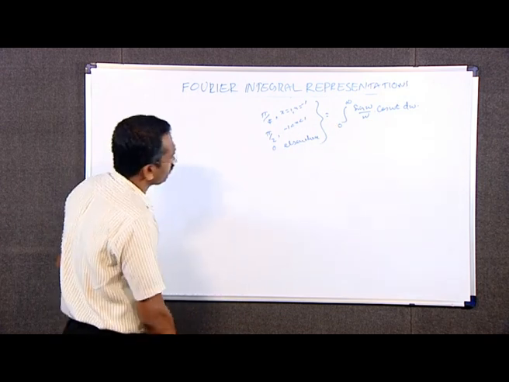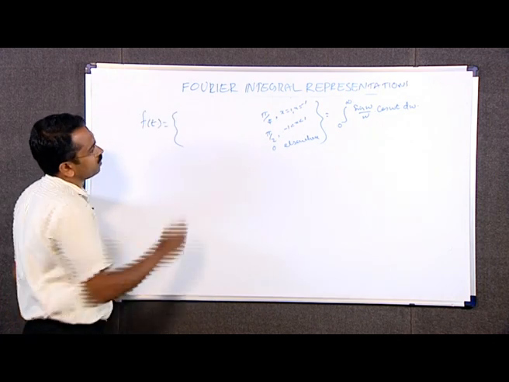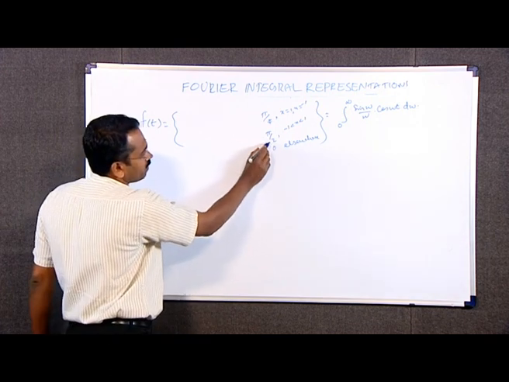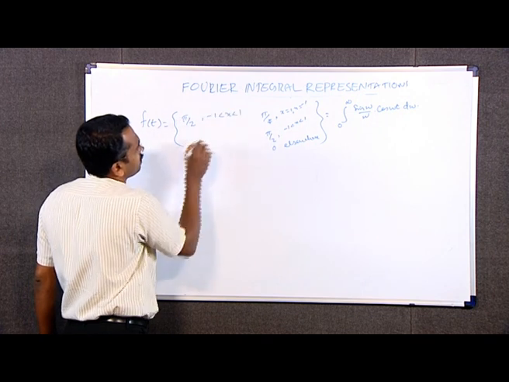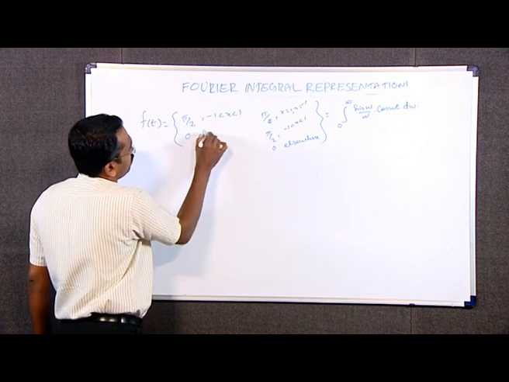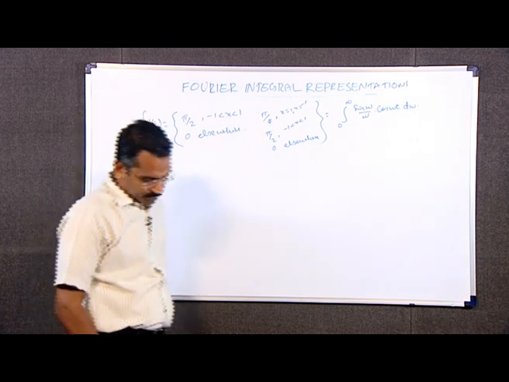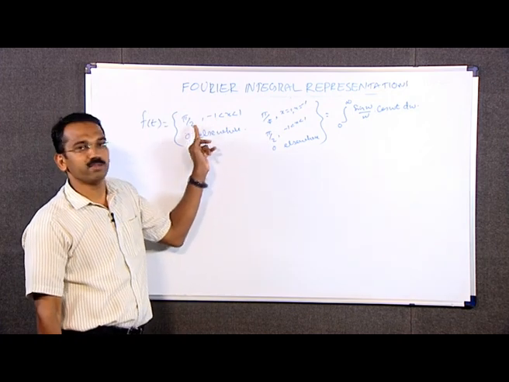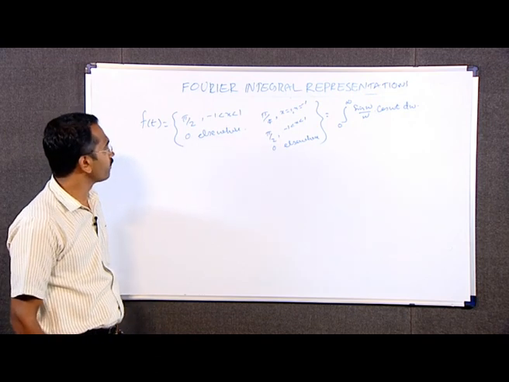Now, assume that f of t is equal to pi by 2 for minus 1 less than x less than 1, and 0 otherwise or elsewhere.